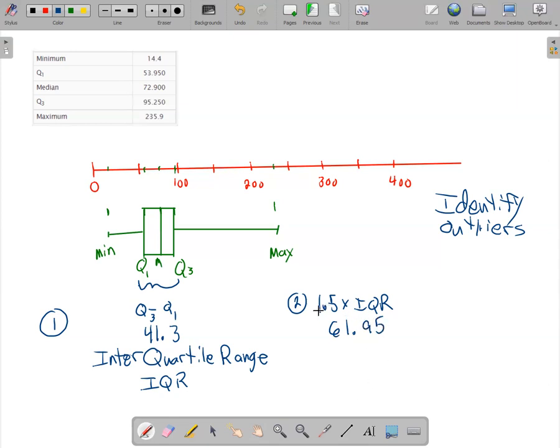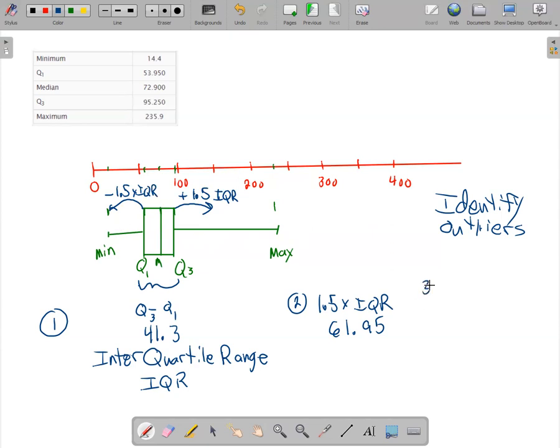Then what we do with that extended width is we add it to Q3, and we take it away from Q1. We're going to subtract that 1.5 times the IQR and see where we land on our number line.